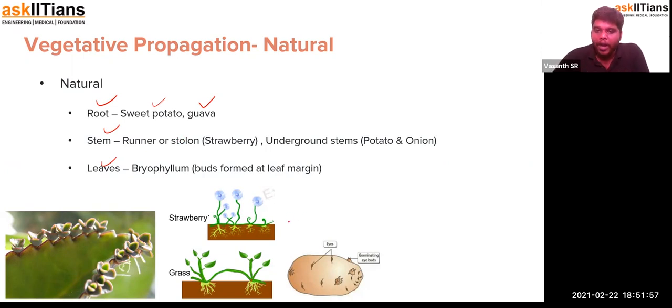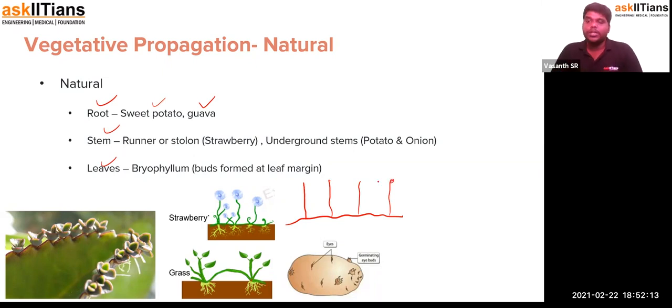Stolon is a part where the main stem grows under the ground, and from it branches arise vertically. From those vertical branches we get flowers, and the flower develops into the fruit, strawberry. So this part is called stolon.